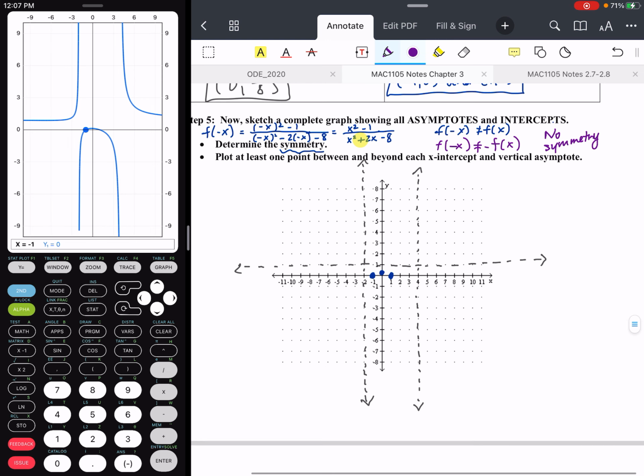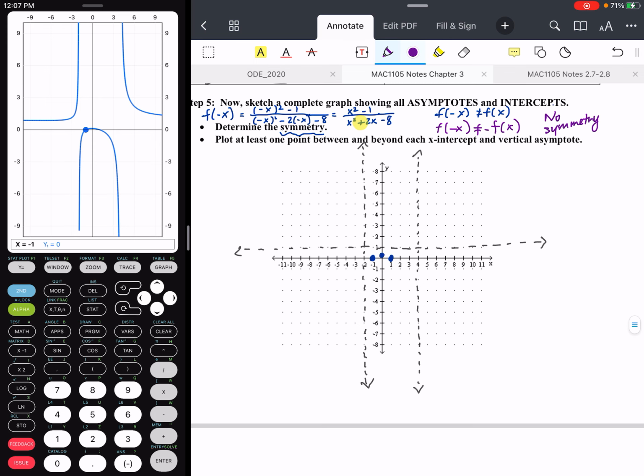All right, so now it says plot at least one point between and beyond each x-intercept and vertical asymptote. And here, it's not an exact science, but I just kind of want to fill in the graph. So it looks like my graph occurs here between my two vertical asymptotes, and then occurs up here, but not down here, occurs up here in this corner, but not down here.